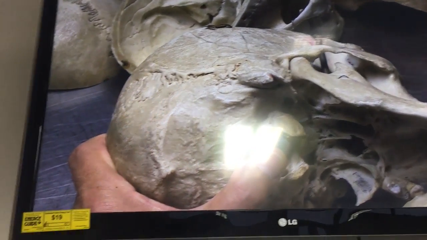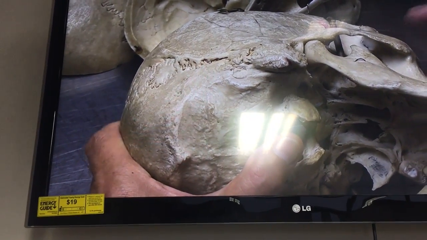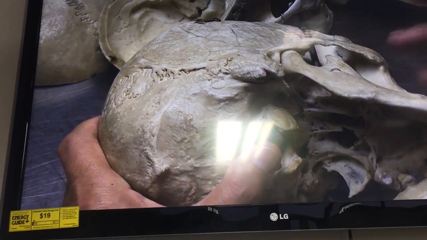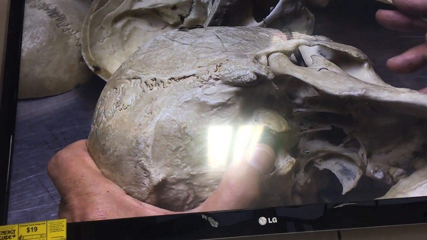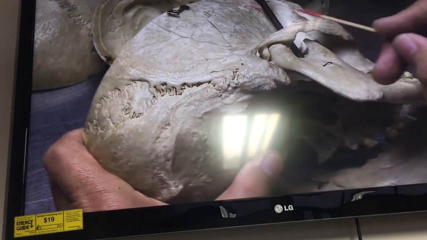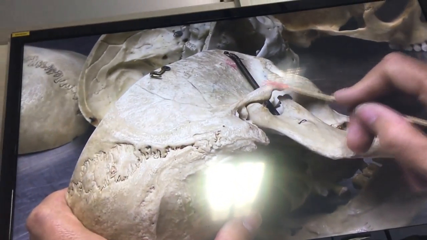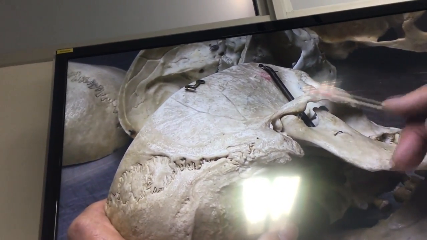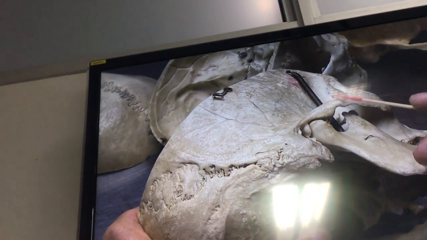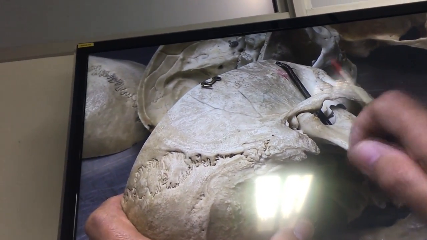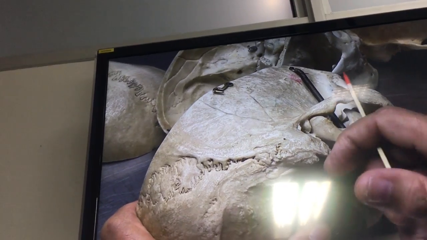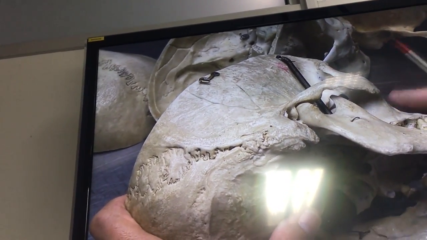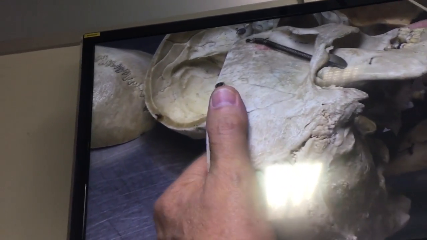Temporal, zygomatic, buccal, marginal mandibular, and cervical. Two of them are here. Sometimes you get a fracture here and you can damage one of those structures: the temporal and the zygomatic branches of the facial nerve. We'll show where the facial nerve comes out in a while.